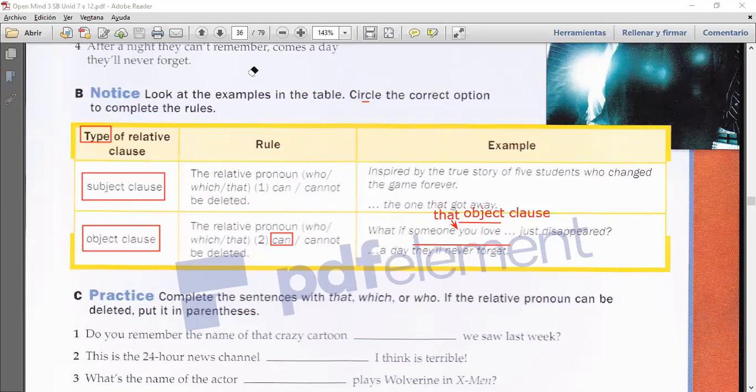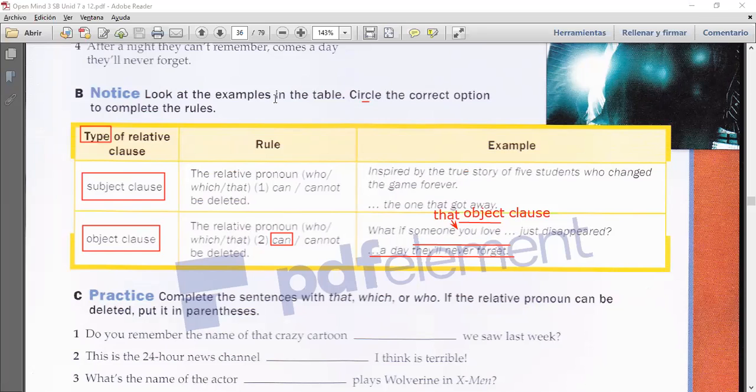Because what we are talking about, we are referring to a day. A day they will never forget. Okay, a day. We are giving more information about a day. Where is the relative clause? The relative pronoun, sorry, the relative pronoun is deleted as well. Who, which, or that.